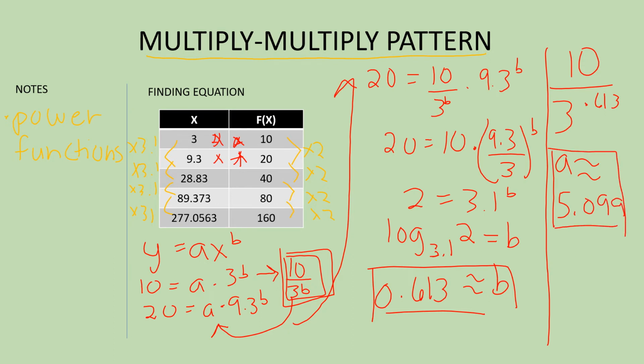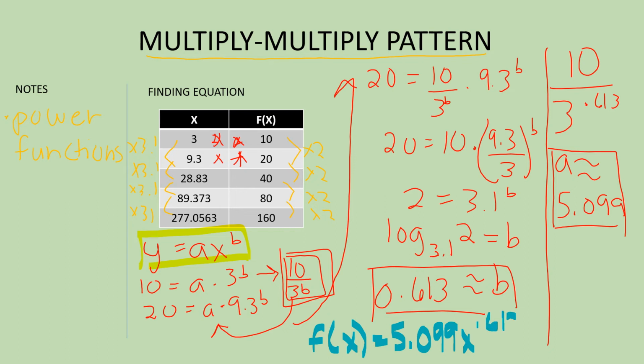So once we have our a and our b, we can simply plug that into our equation right here, and that is going to give us f of x equaling 5.099 x to the 0.613. And that's going to be our finalized equation.